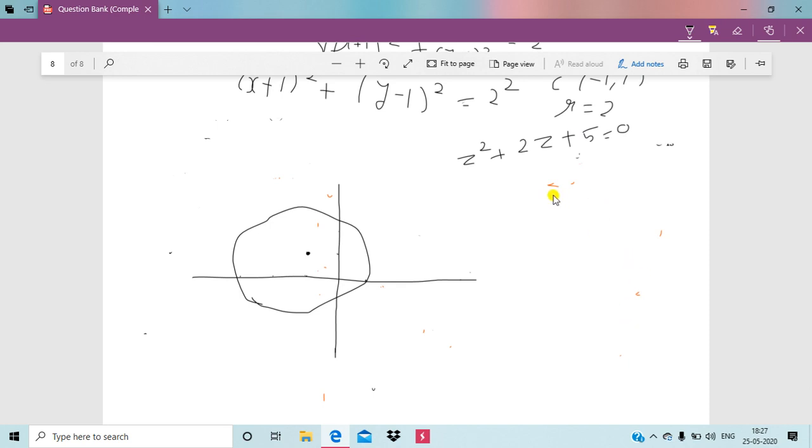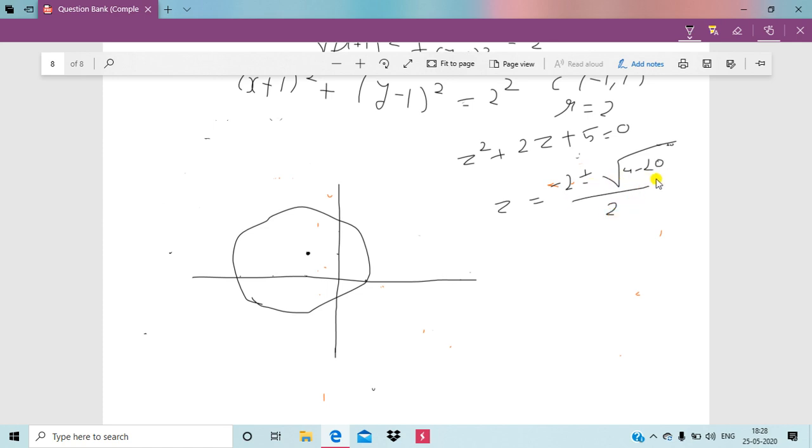So either we have to make factors, or we have to use the formula minus b plus minus root of b square, that is 4, minus 4 into a into c, that is minus 20, by 2a.